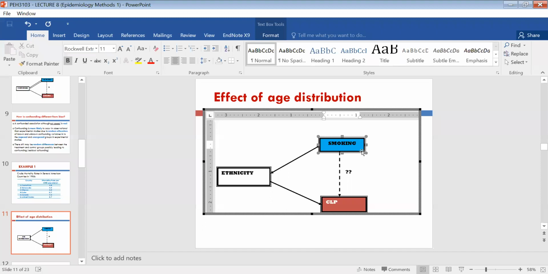So we say smoking, maybe, and TGFA. Do we agree?